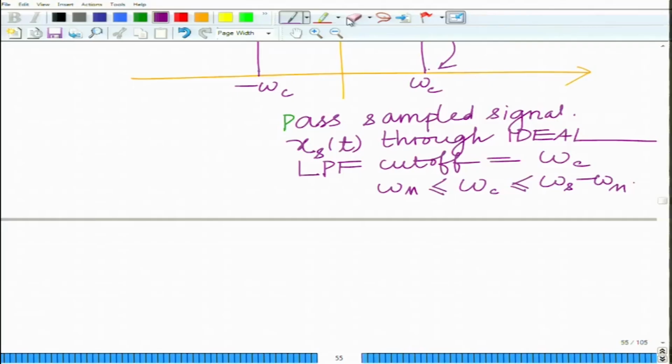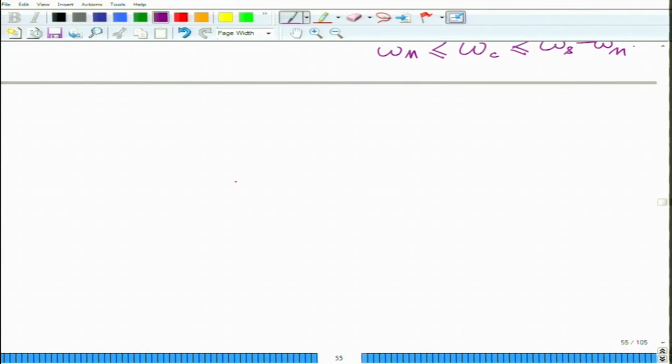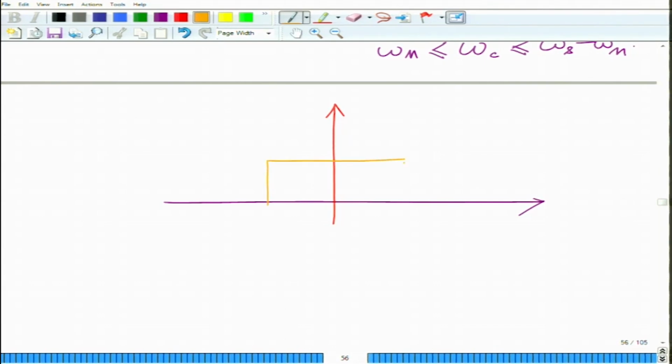Now, without loss of generality, we can choose omega c equals omega m, that is, I can set the cutoff frequency omega c equal to omega m, so that you can be absolutely sure that you do not get any of the spurious spectral components of the sampled signal.